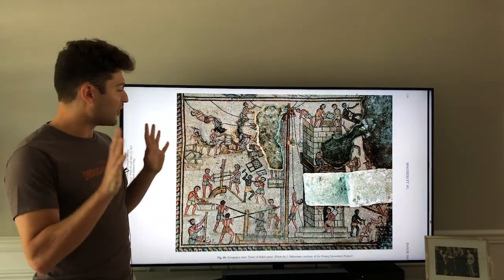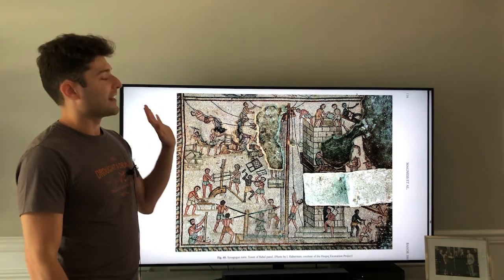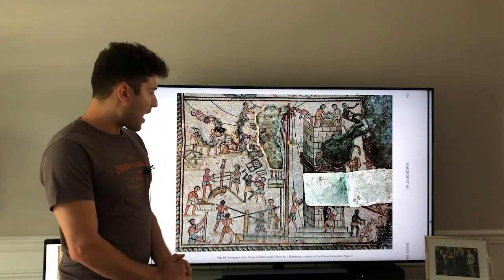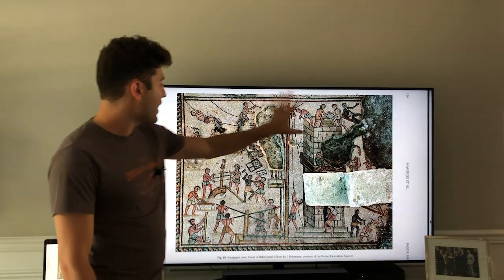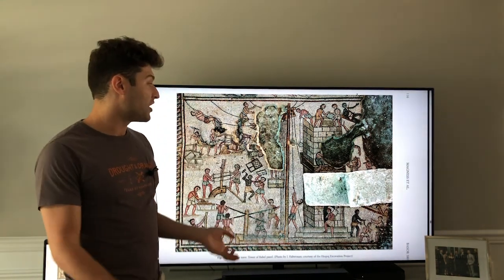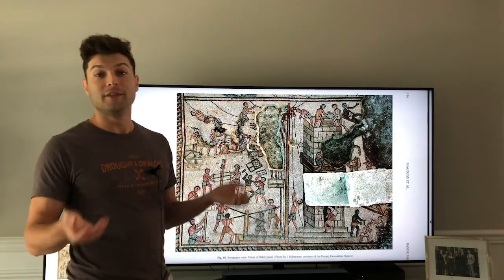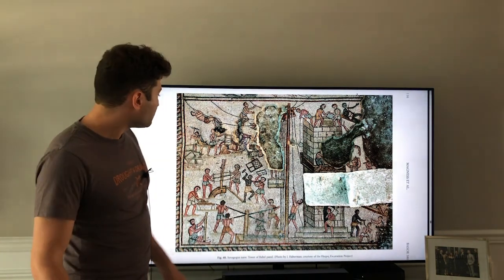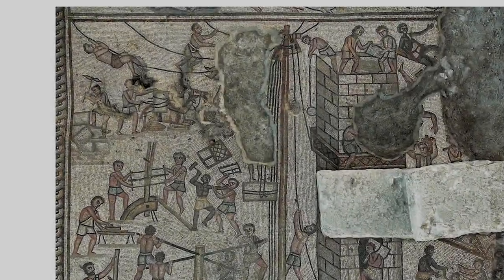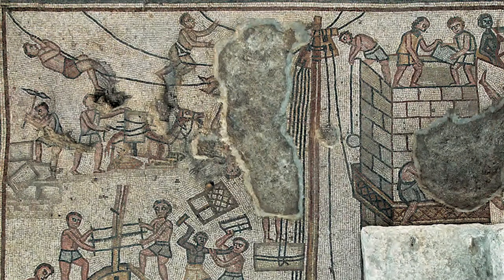So I want to take a look at the mosaic itself, because it's really fascinating for a lot of different reasons. So we have this sort of chaotic scene of just general construction. Things are going along as well as they could be. We have a whole system of pulleys up here, this tower and ropes and boulders being pulled up and down, people working together.